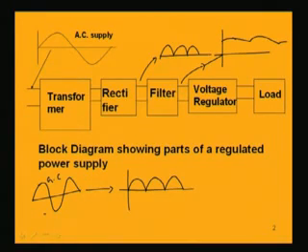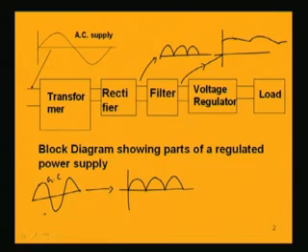Now if the load varies, that means if we have the variation in the load current due to variation in the resistances in the output device, because of this change in the load current, this output voltage will also be varying.